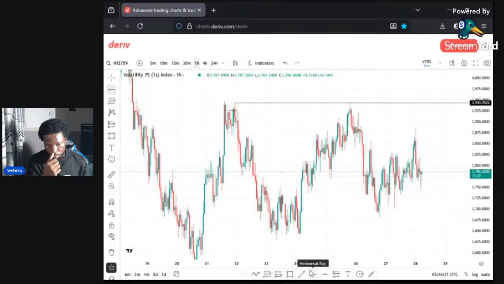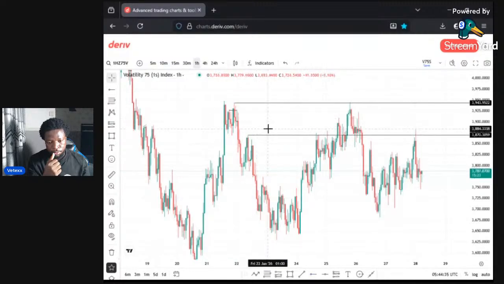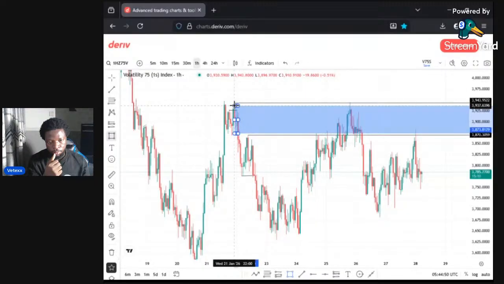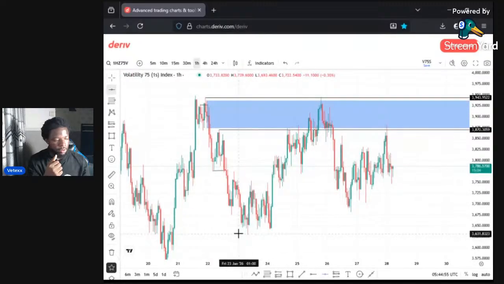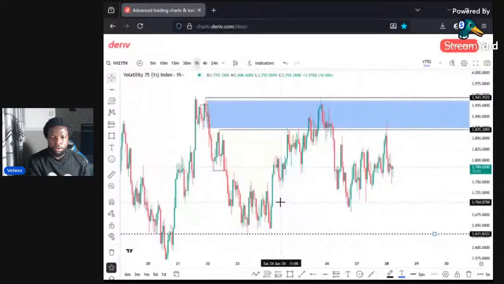We have this protected high, sorry. Then we have first break of structure, and then this is our protected low. So this is the protected low we have.